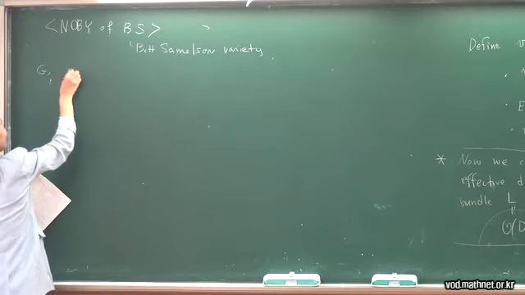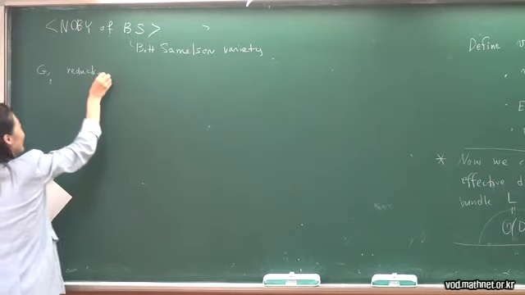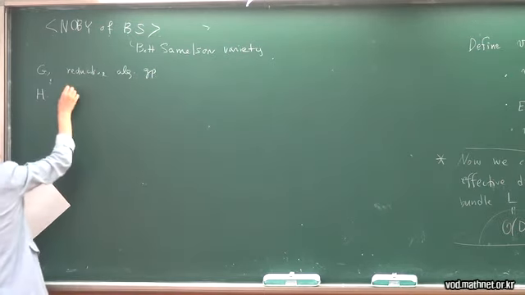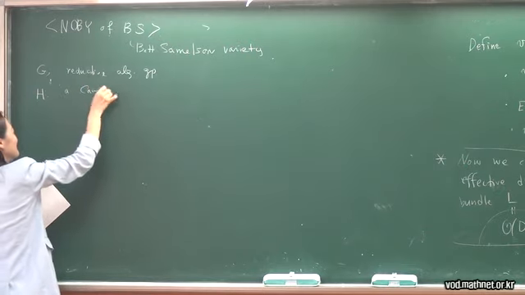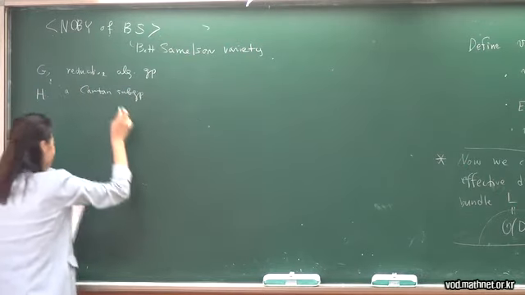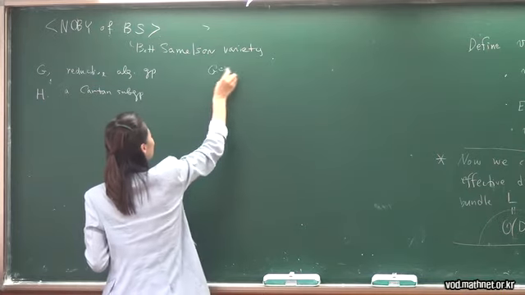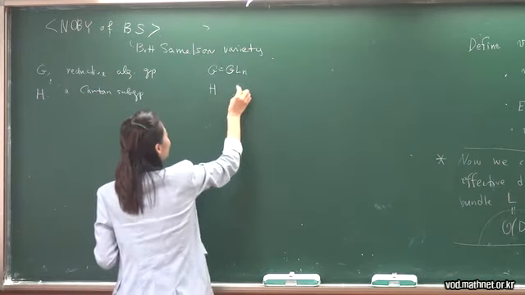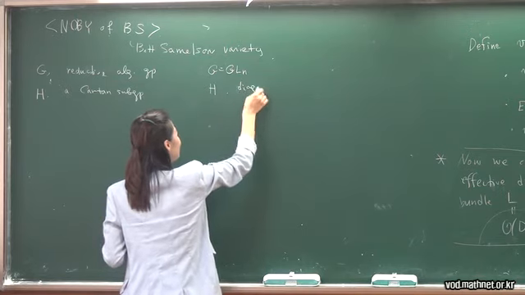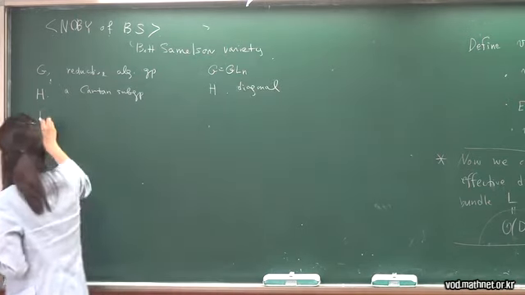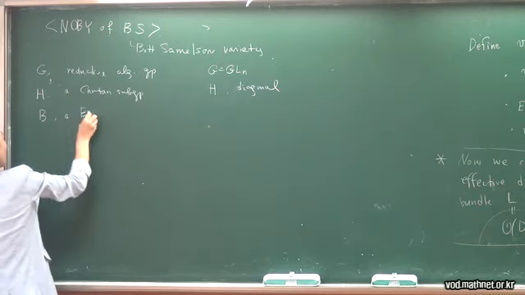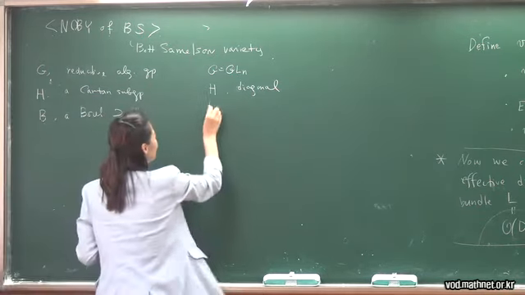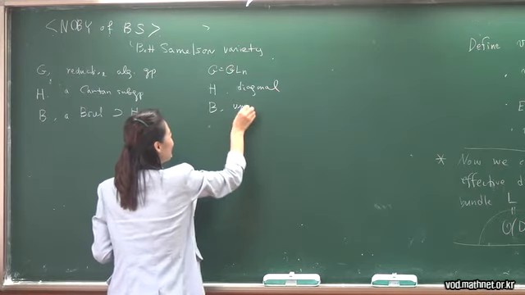G is a reductive algebraic group, and H is a Cartan subgroup. You can think of G as GL_n or SL_n, and H as the diagonal matrices. B is a Borel subgroup containing H, so B is the upper triangular matrices.